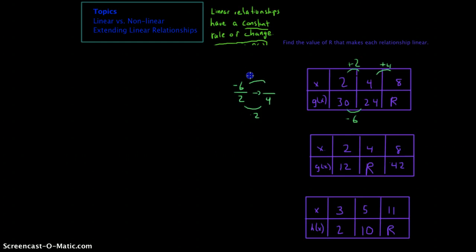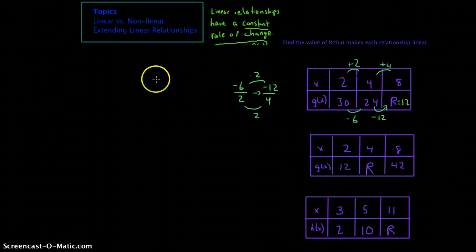Go from 6, I'm going to do times 2, and instead of going down just 6, I'm going to go down 12, right? So 24, if I take away 12, this is the same ratio here. 6 to 2 is the same as 12 to 4. That's going to give me an R that's equal to, let's see, 24 minus 12 gives me 12, okay?